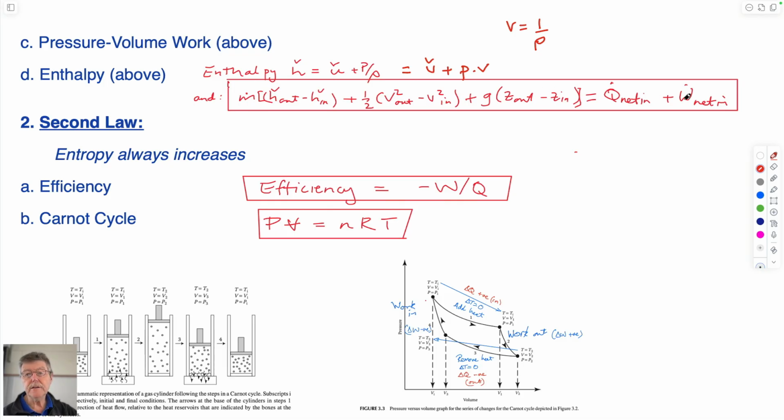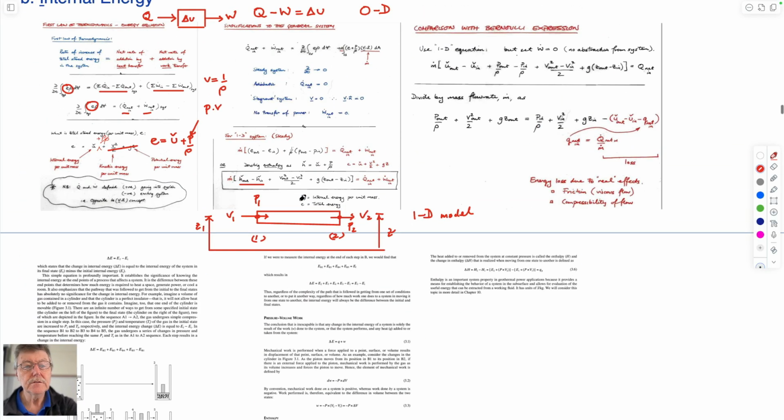We can define our first law in terms of a mass flow rate in. Mass flow rate in would be equal to area times velocity times density, in terms of kilograms per second. If you multiply an area times a velocity, it's meters cubed per second.